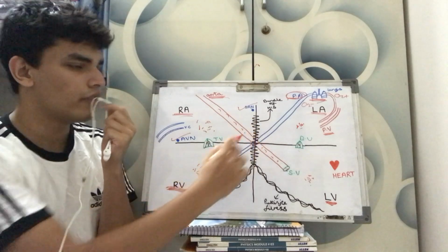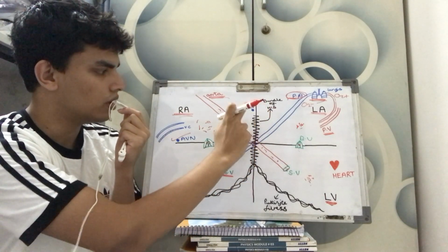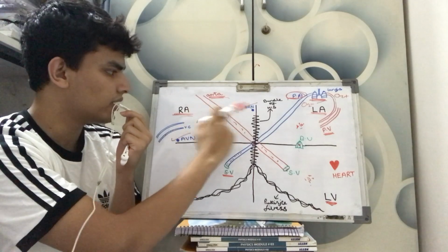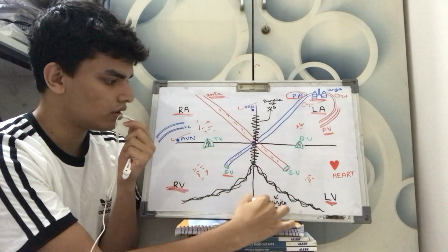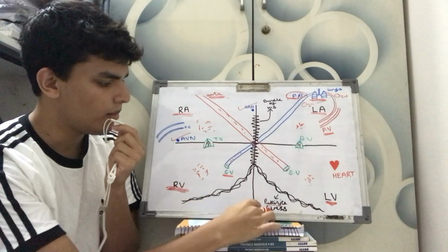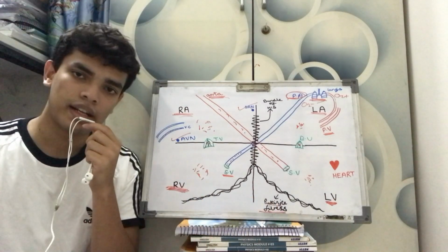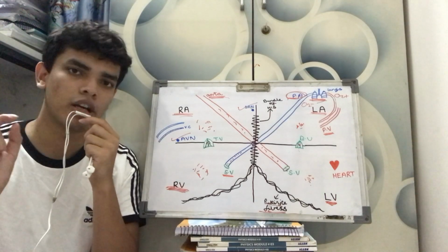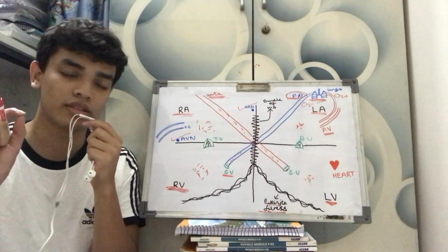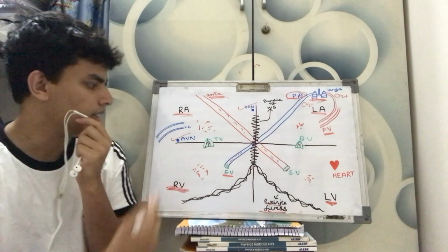Then there is the bundle of His. This carries the electrical impulses generated by the SAN down, and then they are further carried throughout the ventricles by Purkinje fibers. The SAN is called the pacemaker of our heart, meaning it generates the impulse.